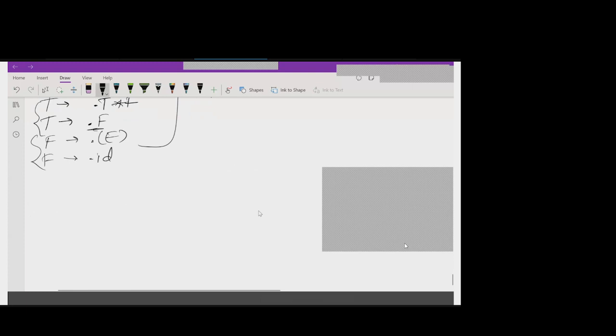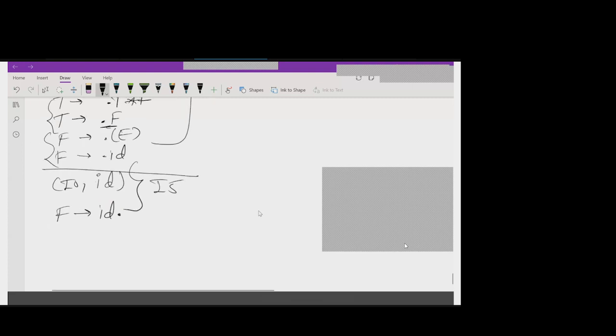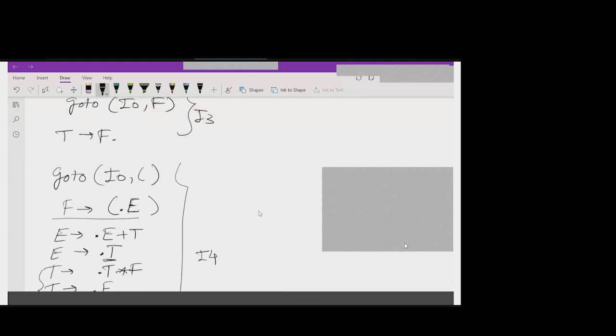So it would be I0 comma ID. So it will be F gives ID dot. Okay, so it will be I5. These all states are different.